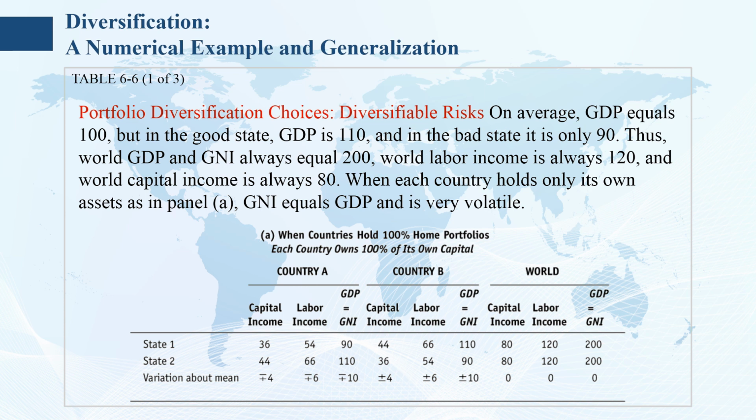GNI and hence consumption flips randomly between 90 and 110 in both countries. The variation of GNI about its mean of 100 is plus or minus 10 in each country. Because households prefer smooth consumption, this variation is undesirable.